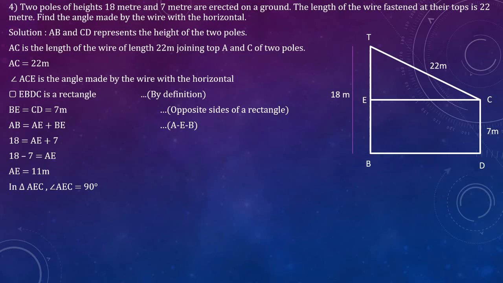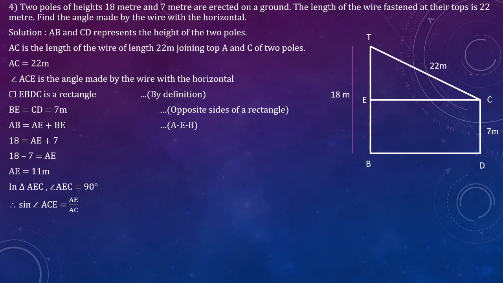Now let us consider triangle AEC. In triangle AEC, angle AEC is equal to 90 degrees. So we need to find out angle ACE. We already have the value of AC and we already have the value of AE as well.